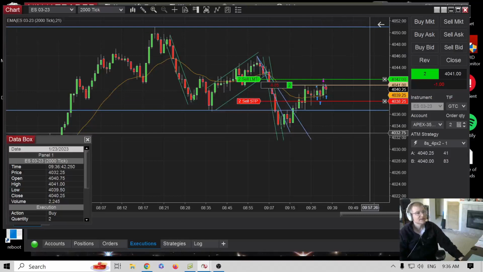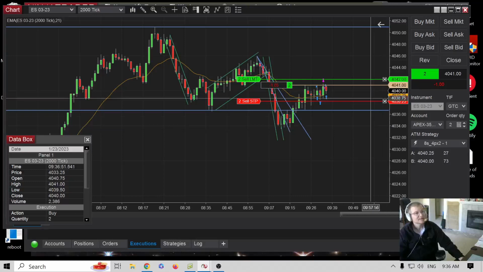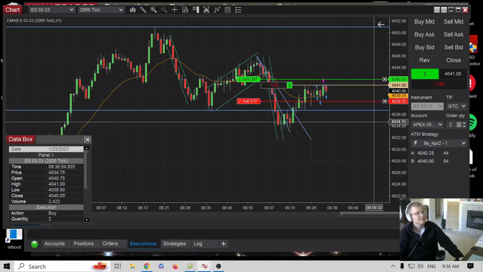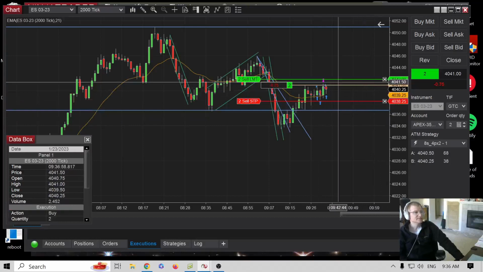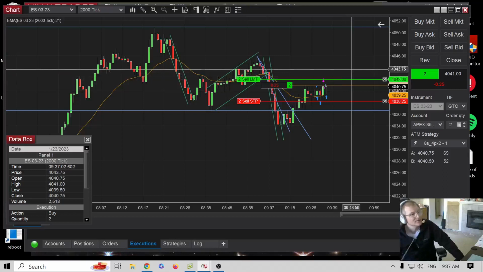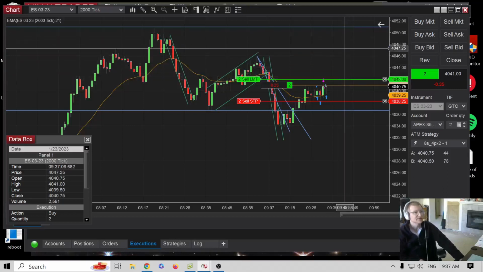I'm just really wanting 40 to hold, and it's struggling to hold right now. Yeah, see, it just gets slammed. I hope that's mistaken people. And the powers that be want up. They want to reach the highs again.